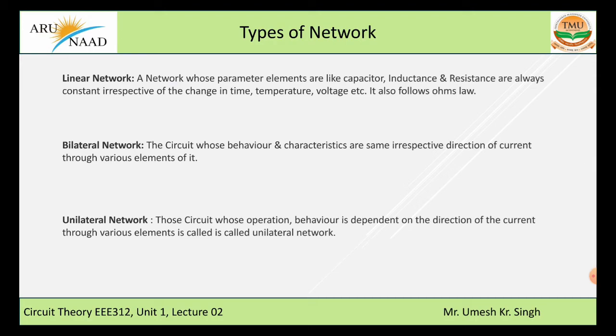Okay, so linear network. What are the linear networks? Linear networks are those which follow Ohm's law. So if we have a circuit like this, with a voltage source, R1, R2, this is a linear circuit because this circuit follows Ohm's law.